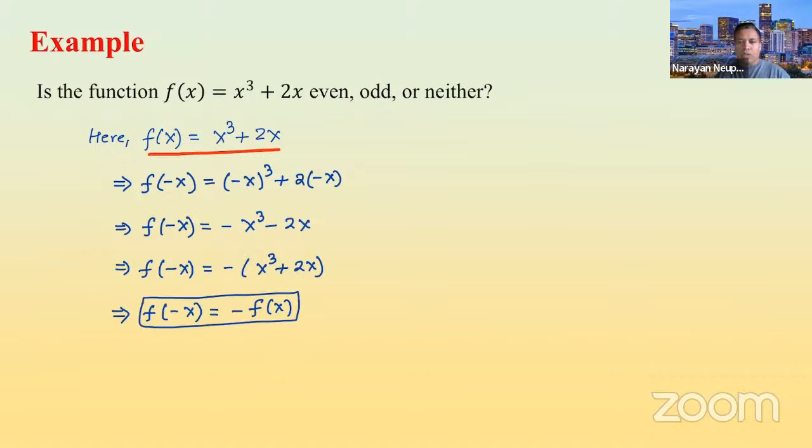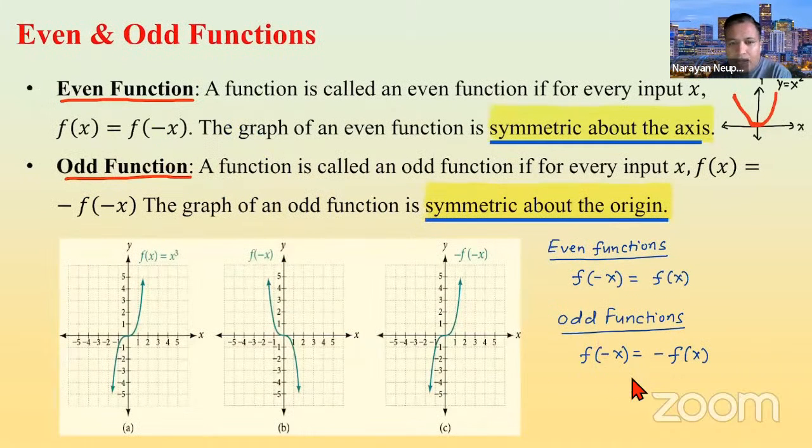What we get here is, by plugging in negative x to the function, it is equal to negative, meaning opposite, of the original function. So it is like this definition: f of negative x is equal to negative f of x. That's what I'm getting here. If we get that, we know that the function given is an odd function.